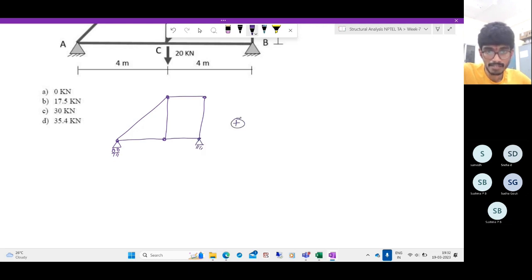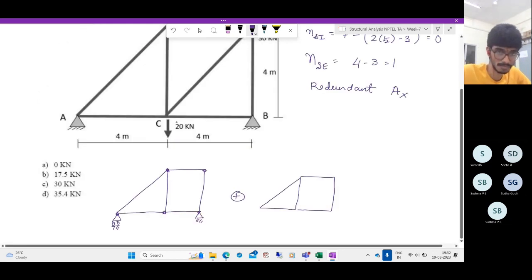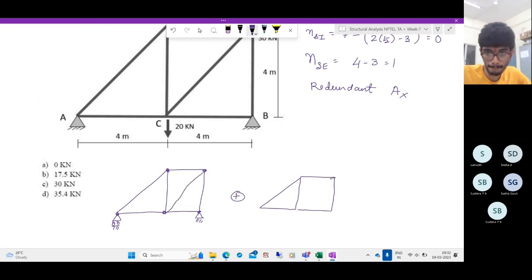And we can decompose the given situation into a superposition of two cases, where in one case you have the reaction acting here.